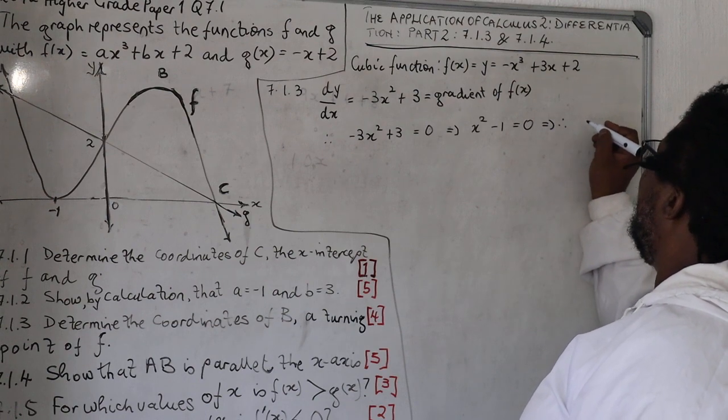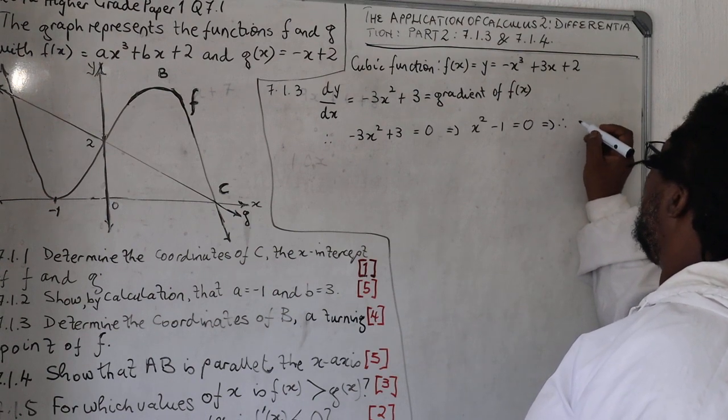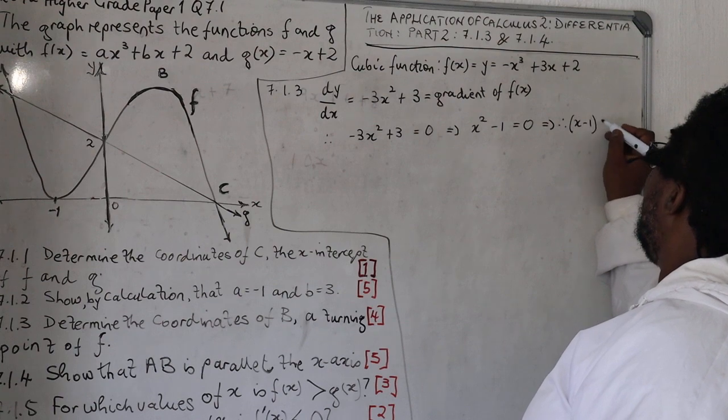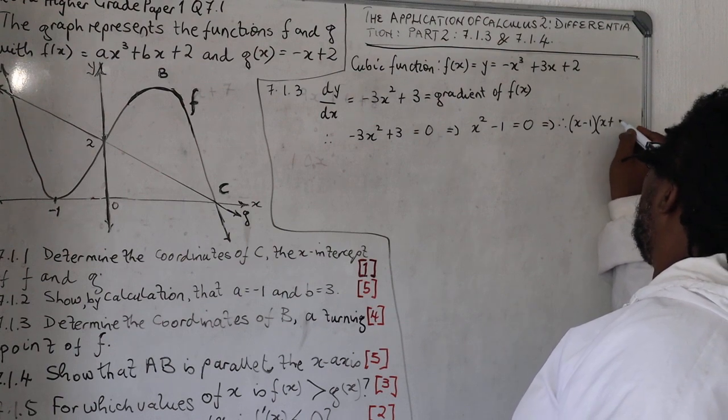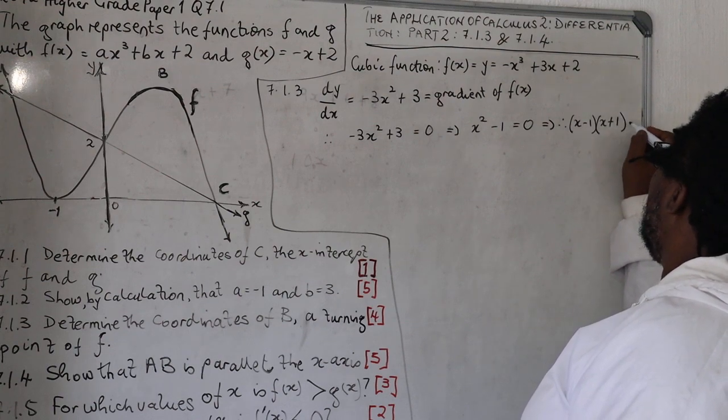And therefore, by factorizing the difference of two squares, which is x squared minus 1, we have x minus 1 multiplied by x plus 1 is equal to 0.